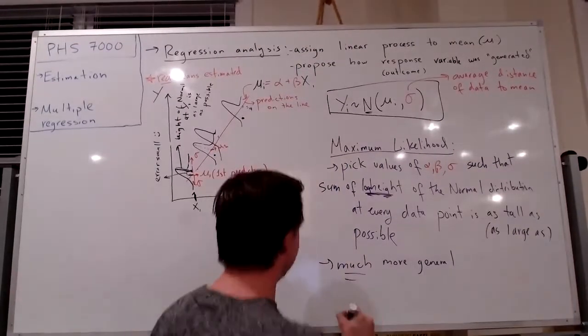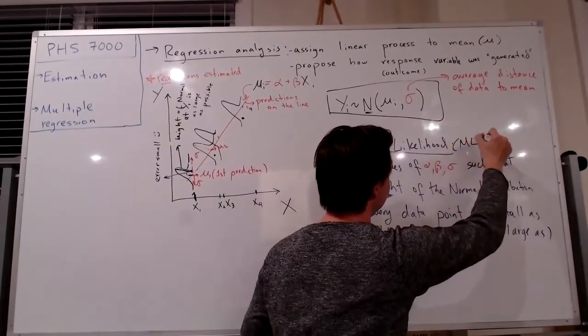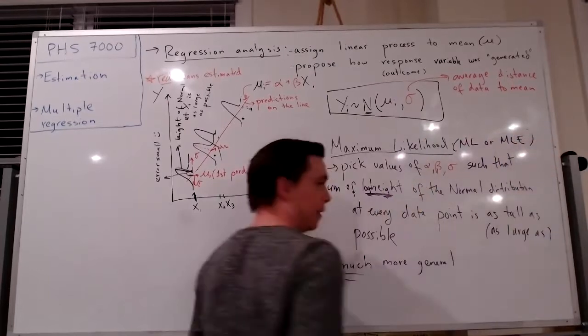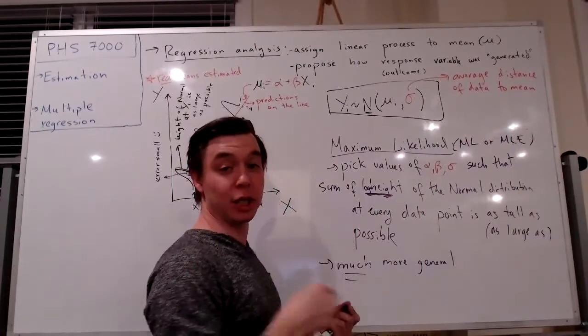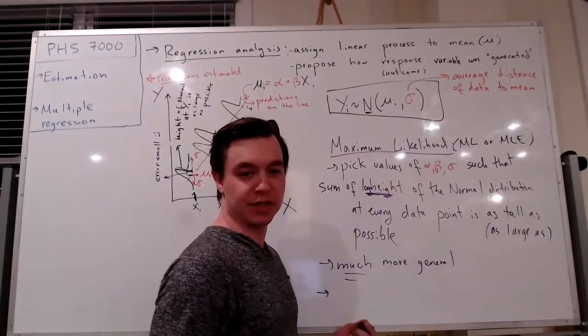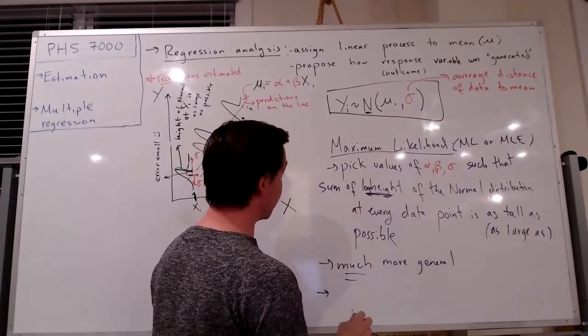So maximum likelihood, sometimes you will see it as ML or MLE. More recently, machine learning gets in the way of this. So just make sure which ML people are referring to.